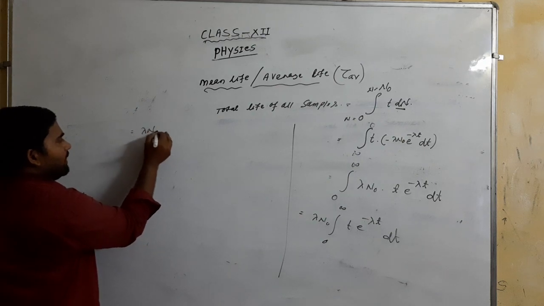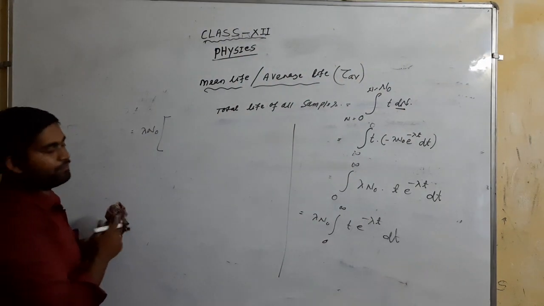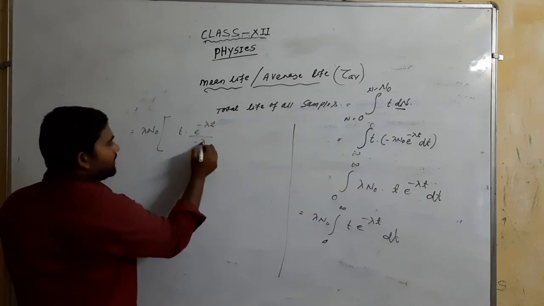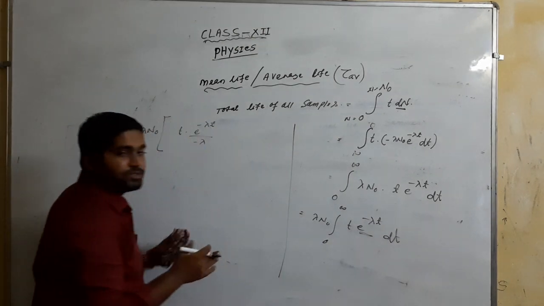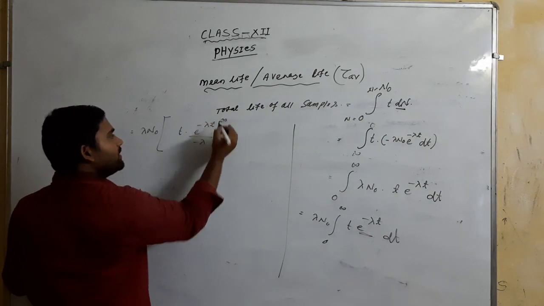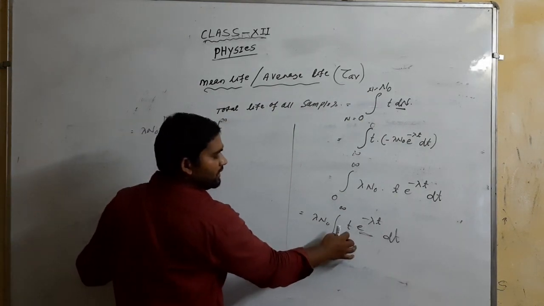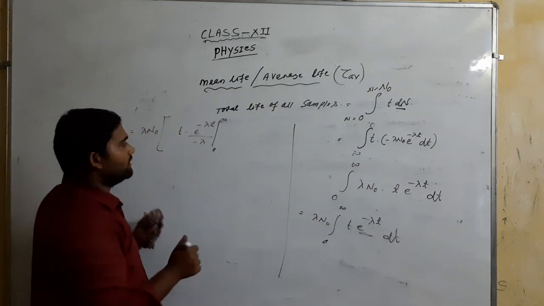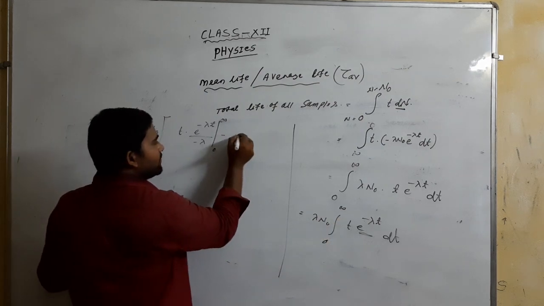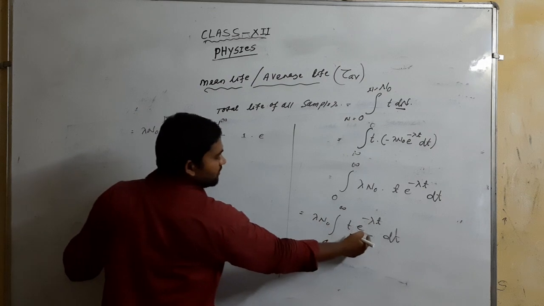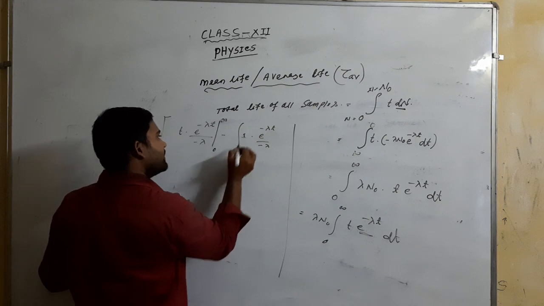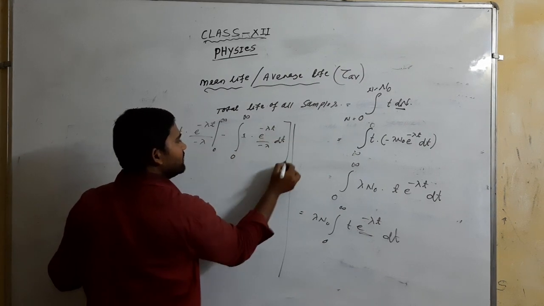That equals lambda n0 into t e to the power minus lambda t by minus lambda, limits 0 to infinity, minus the integration of the derivative of t, that will be 1, times the integral of e to the power minus lambda t by minus lambda, from 0 to infinity dt.